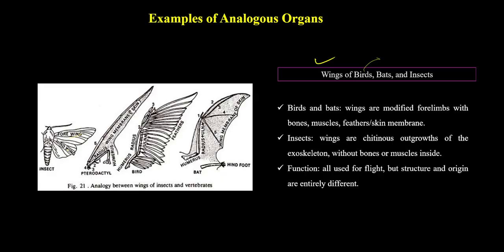Here is the forewing, here is the hind wing, here is the wing membrane in pterodactyl, radius, humerus. So the structure of all these organs is different in different species, but they perform similar function. Clear? So all these organisms use this organ for flight, but structure and origin are entirely different.